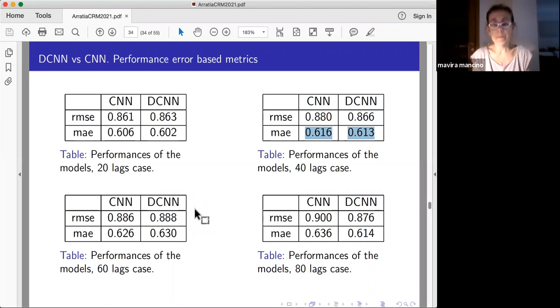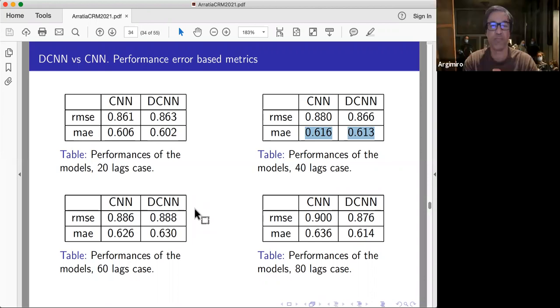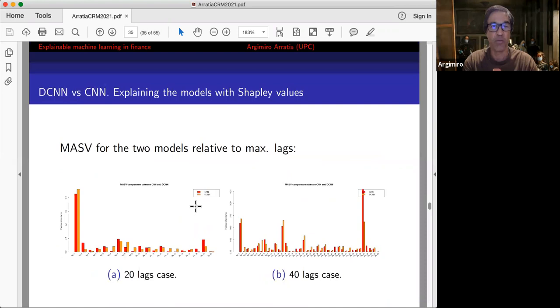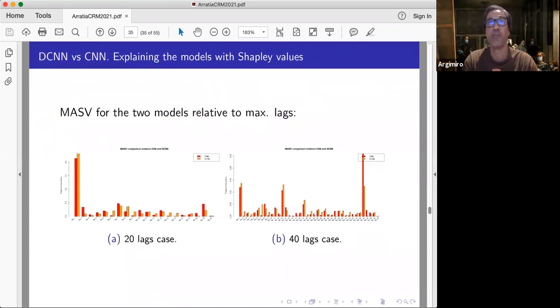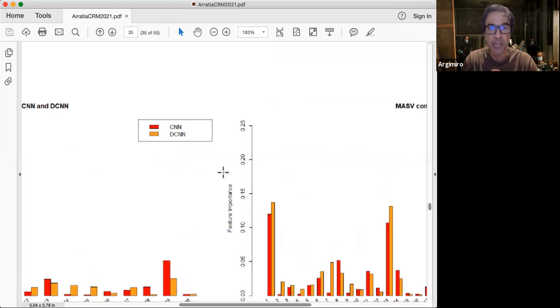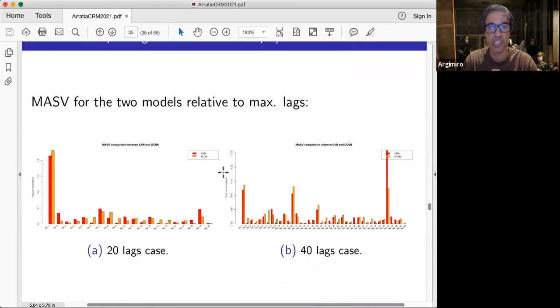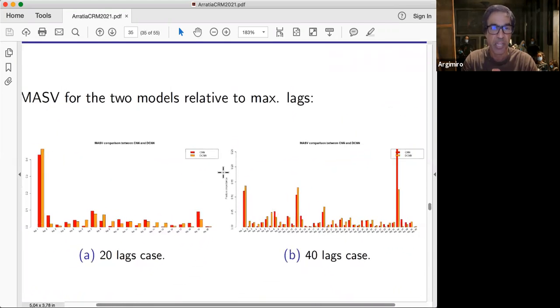So, with respect to performance error, they look the same. So what about then applying our Shapley values? We see that for both models, the DCNN is orange and the CNN is red, and both models do recognize that the first lag is important.